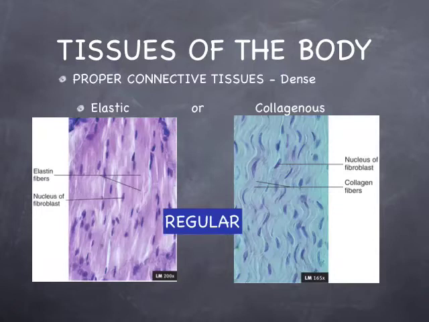And those two words are used to describe the relationship of the fibers within the tissue. If all of the fibers are running the same direction within the tissue, it's called regular. And what generally happens here is when all the fibers are running the same direction, this kind of tissue forms itself into cords or ropes or threads of connective tissue.